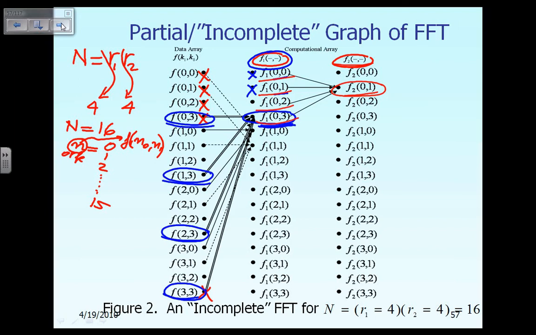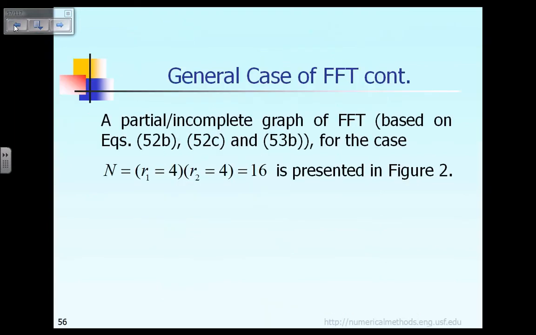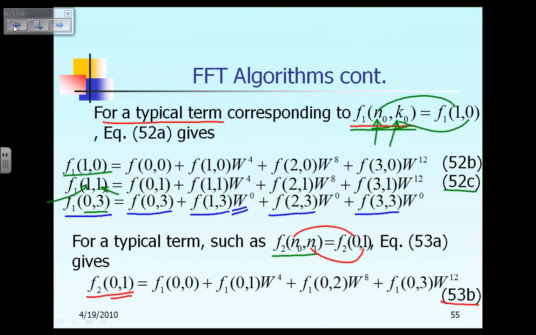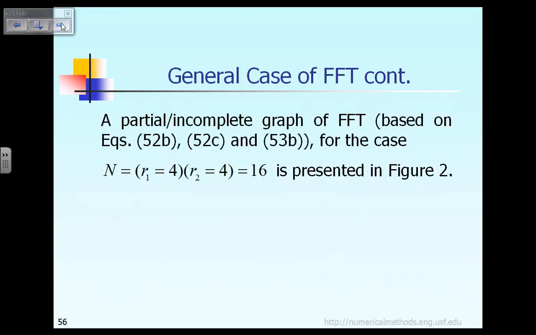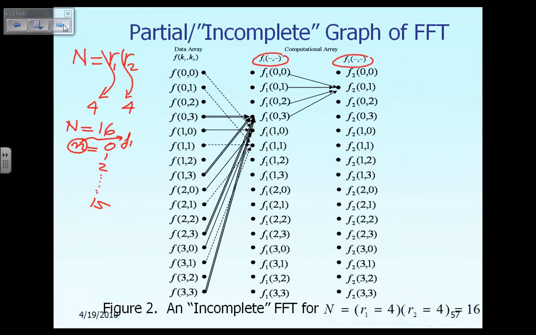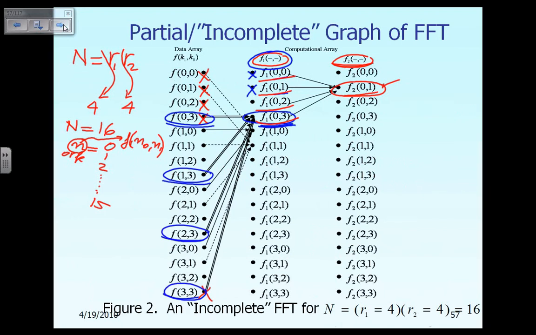This graph here shows you how to compute f2 at 0, 1. As you can see, f2 of (0,1) is based on the previous 4 data, which are f1(0,0), f1(0,1), f1(0,2), and f1(0,3).